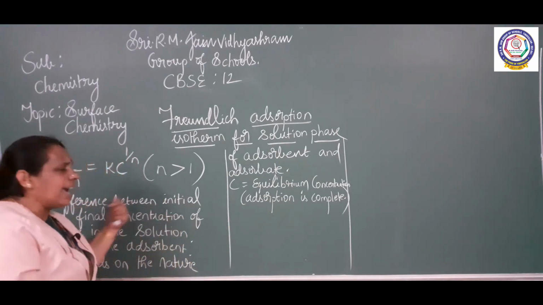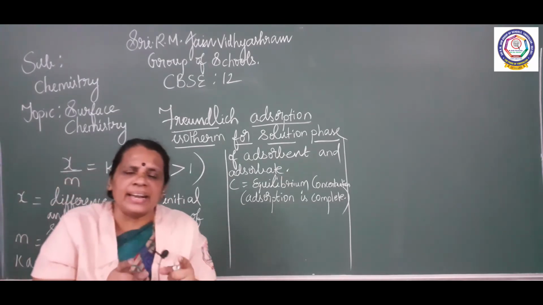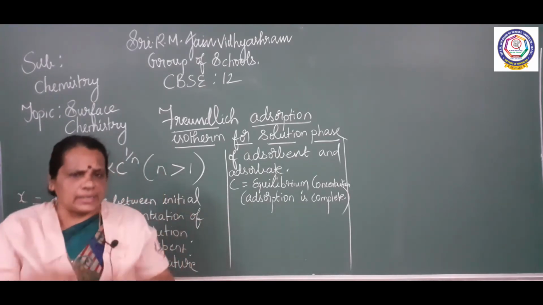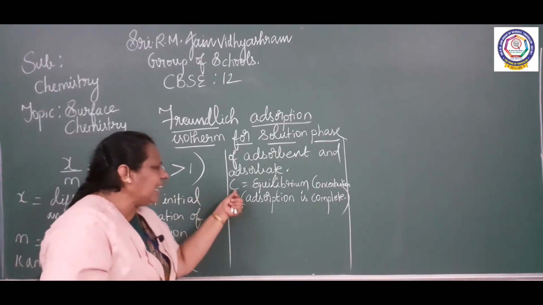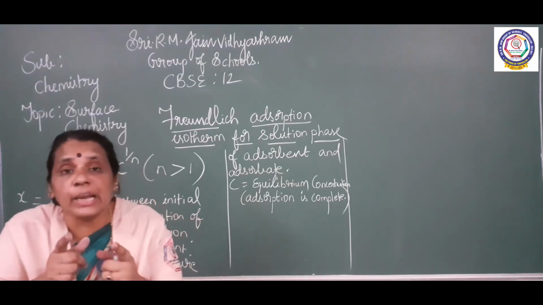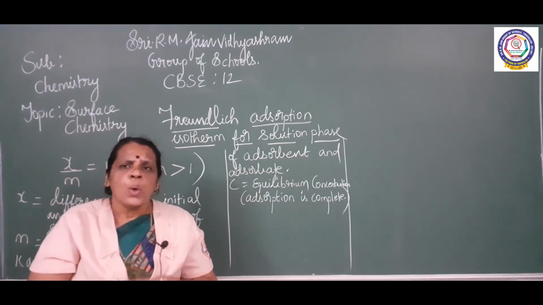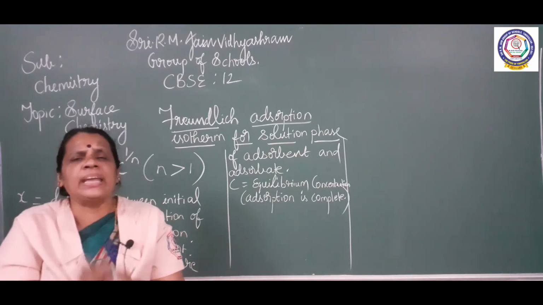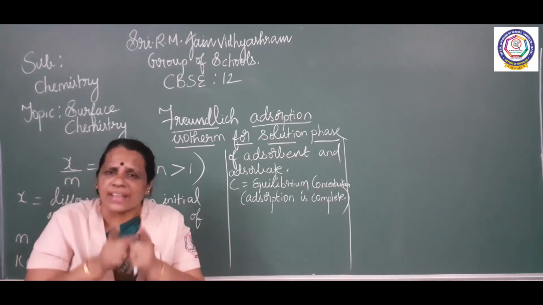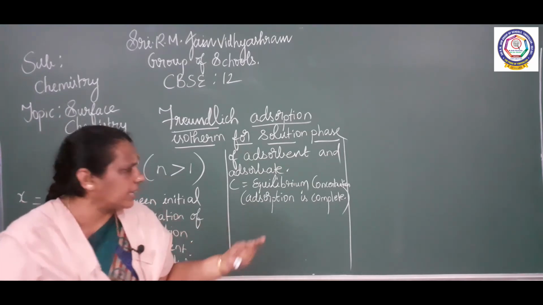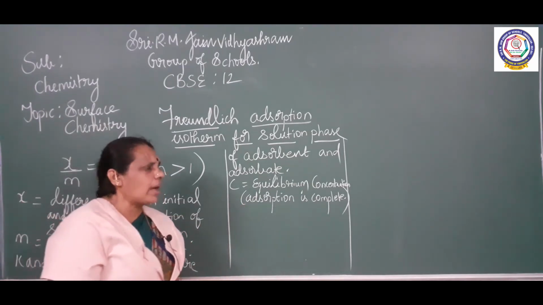What are k and n? k and n depend on the nature of the adsorbate and adsorbent. What is capital C here? Equilibrium concentration, when adsorption is complete.